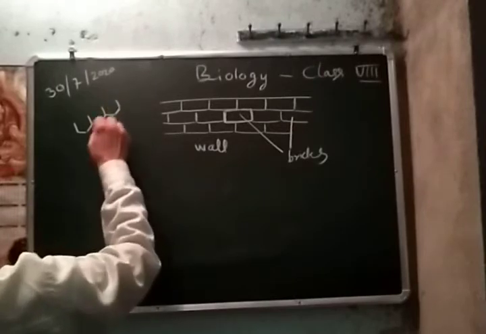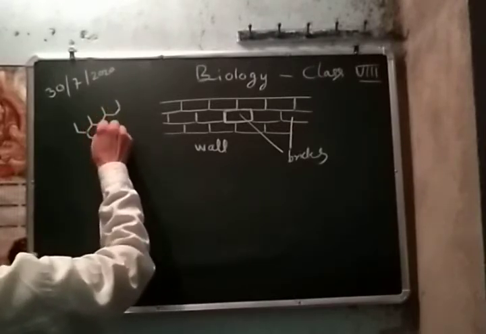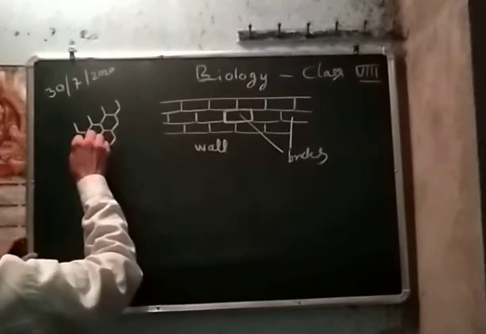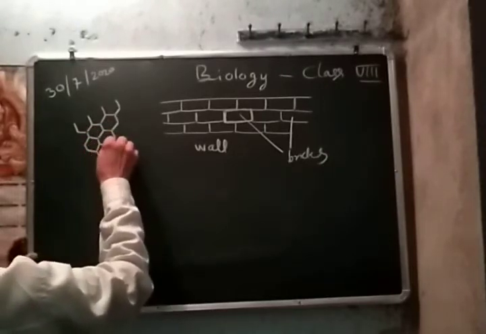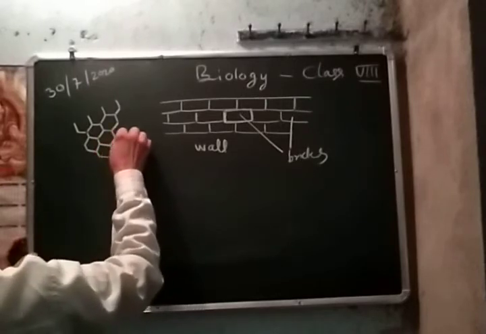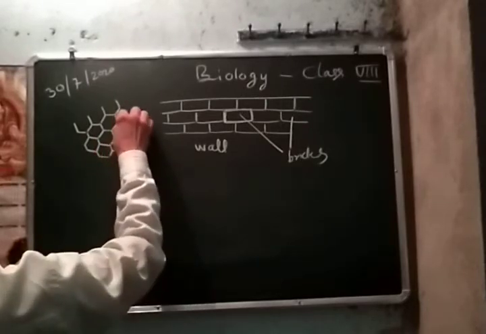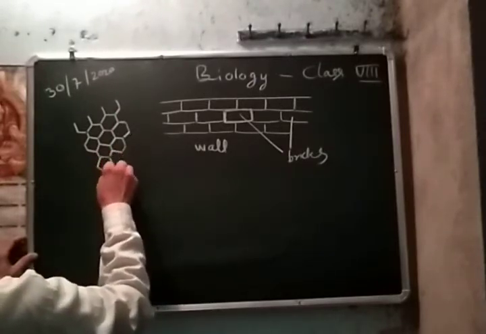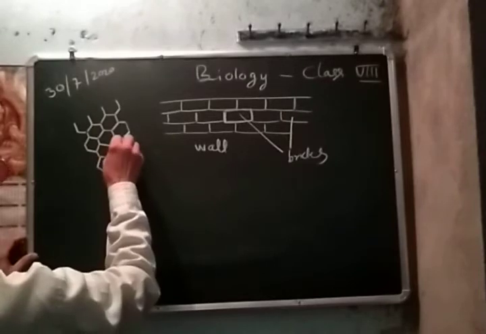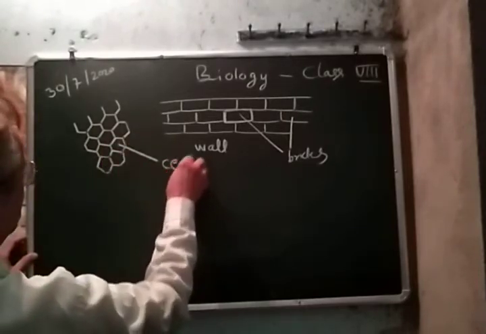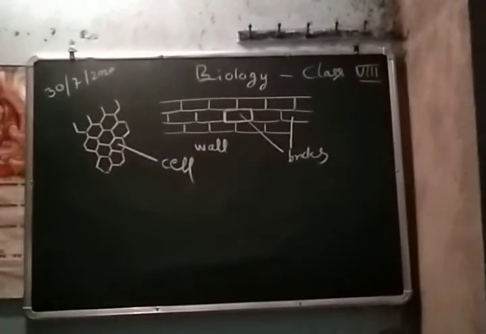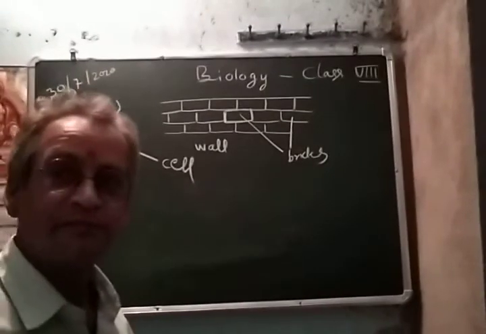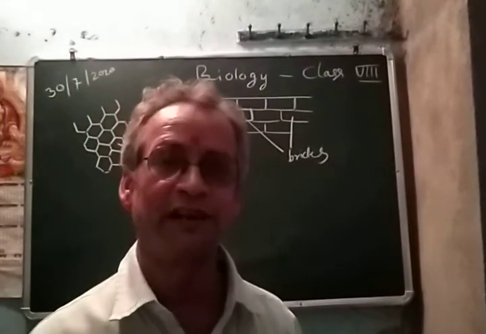This cork is made up of smaller parts, just like a honeycomb. These smaller parts are called cells.